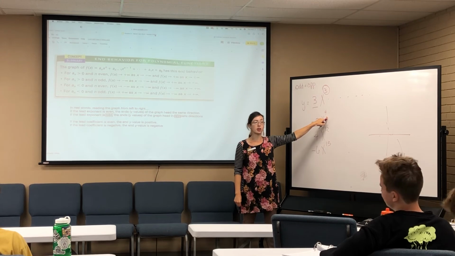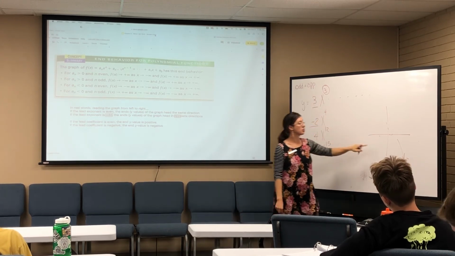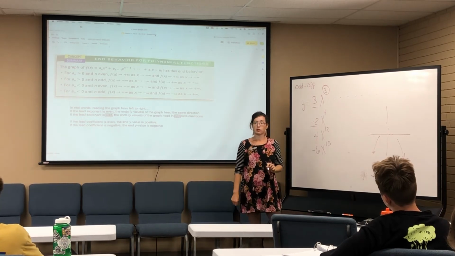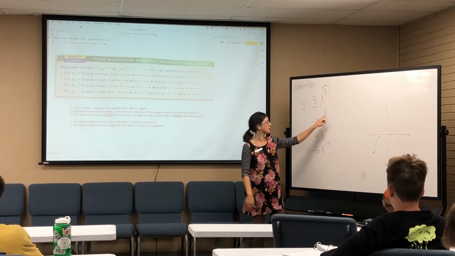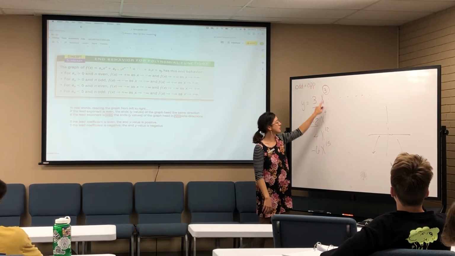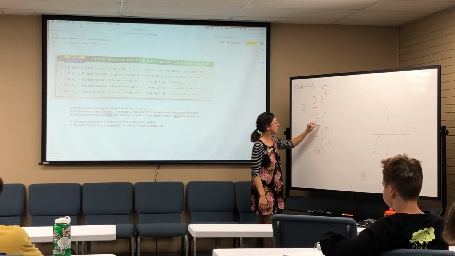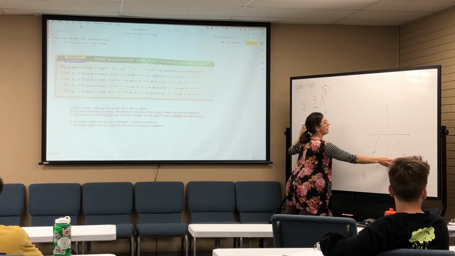So where does it start? Facing the same direction. The two ends have to be the same direction. So this is opposite direction, same direction. And our coefficient tells us the way it faces. We're actually dealing with the end behavior of it.